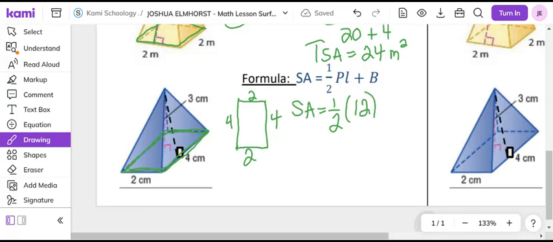So the perimeter is 12, and we might have to estimate what the slant height is going to be, because the height to the apex is 3. So let's use 3.5 for the slant height, plus the base area. So we got 2 times 4.